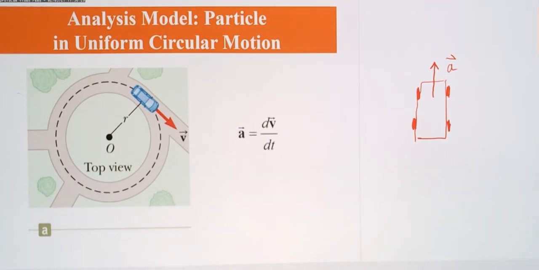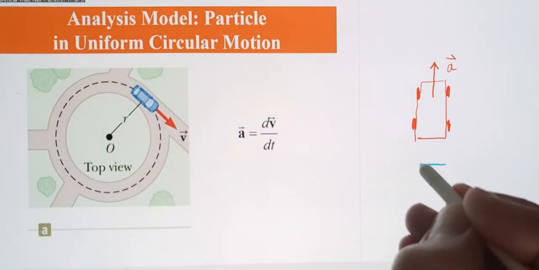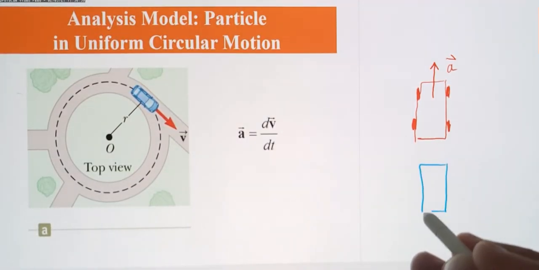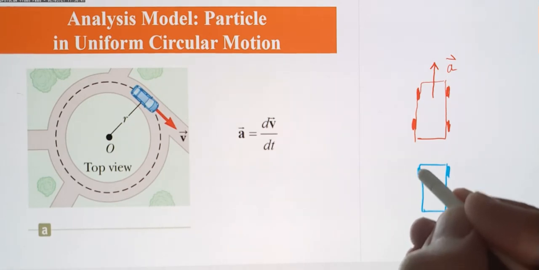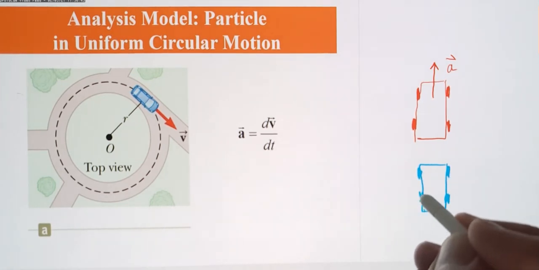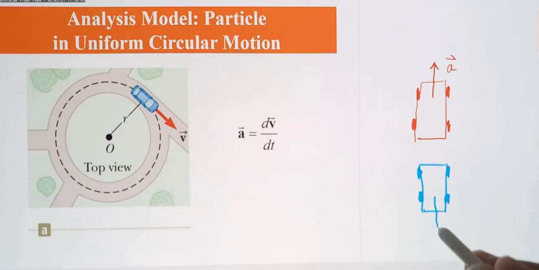Now you are driving in your car and you press the brakes. That's your car. And now press the brakes. So that's acceleration. Where do you feel you want to go?